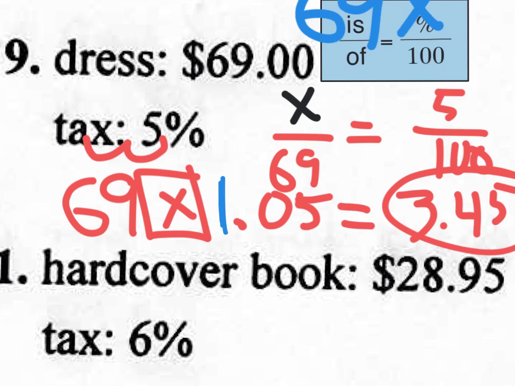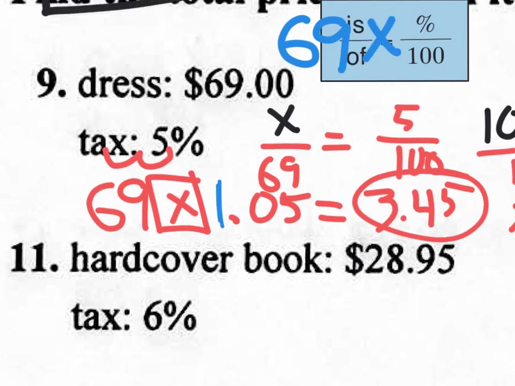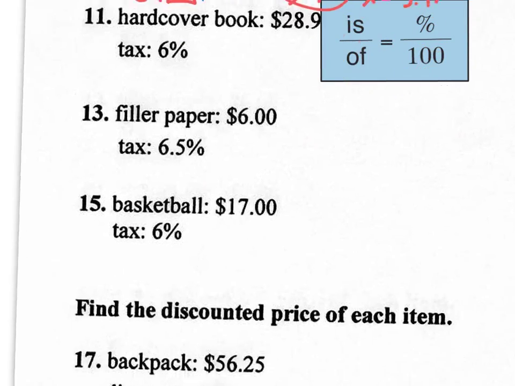So by throwing a 1 right in front of your decimal, it kind of adds your original price with your tax rate, and it'll add it together. Go ahead and do 69 times 1.05. It gives you the final price with taxes included. Isn't that cool?